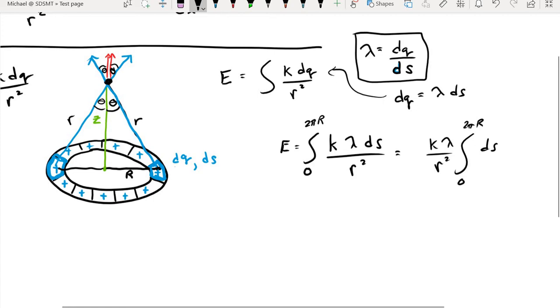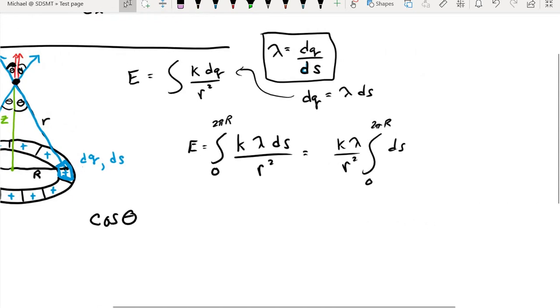And this means that the vertical components of those fields correspond to the cosine relationship, because those vertical components are adjacent to our theta value. And so we need to incorporate a cosine theta into our work.